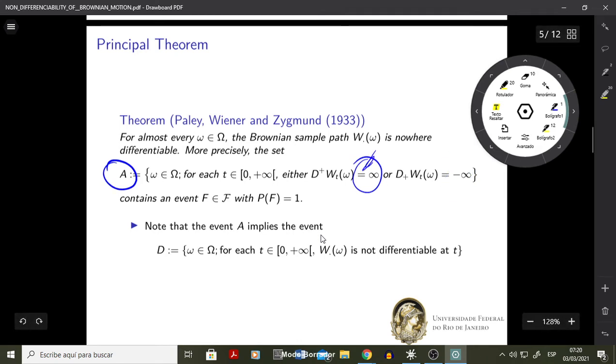Okay, so we will prove that this set A contains an F-measurable event with full probability.